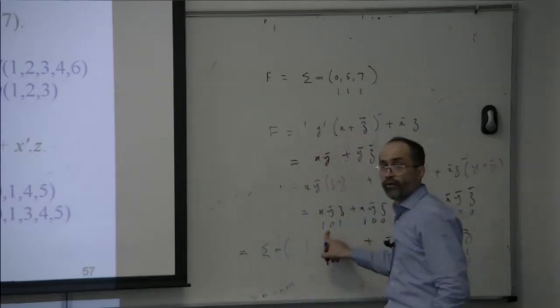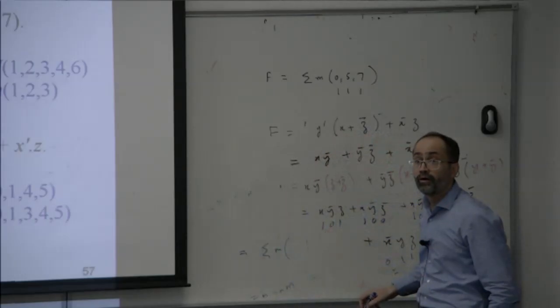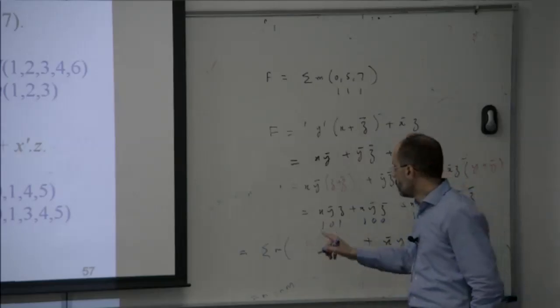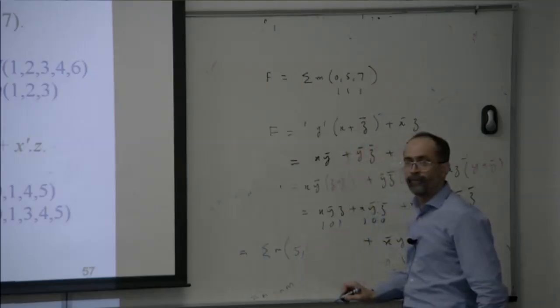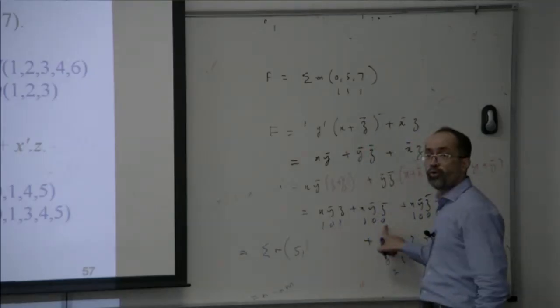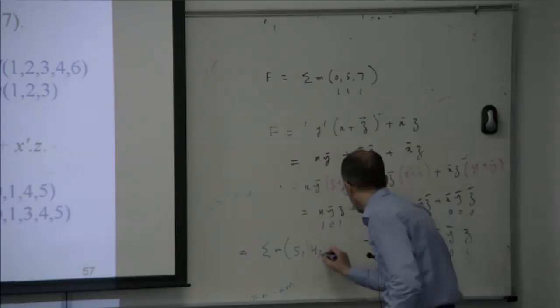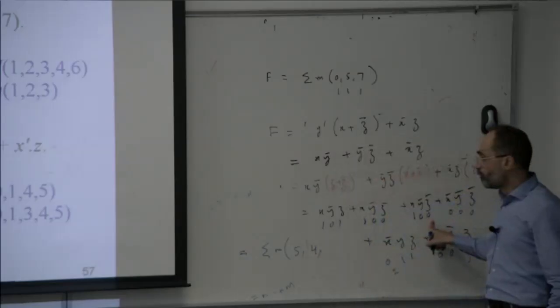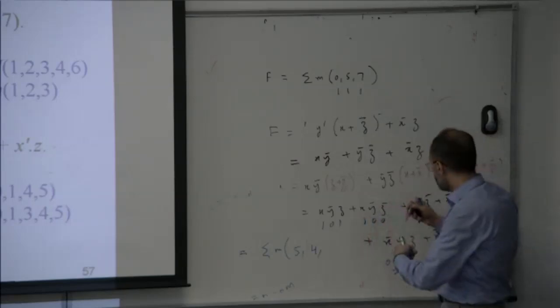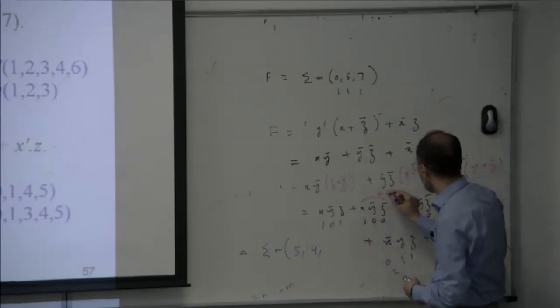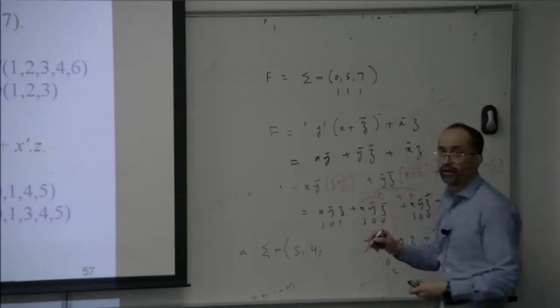I am saying 101, that is 5, 100, that is 4, 100, that is 4. We need it only once. Let's assume this is a plus a. A plus a is what?